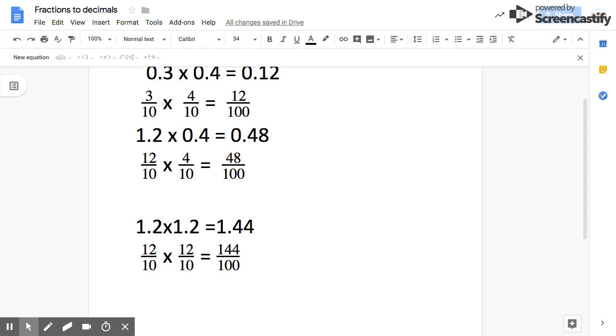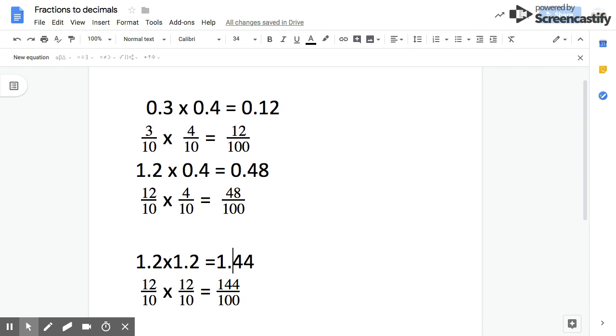So I can do 12 times 12, that gives me 144, and then I have tenths times tenths, that gives me hundredths. So that means when I'm done doing my standard algorithm, my place value will be in the hundredths place.